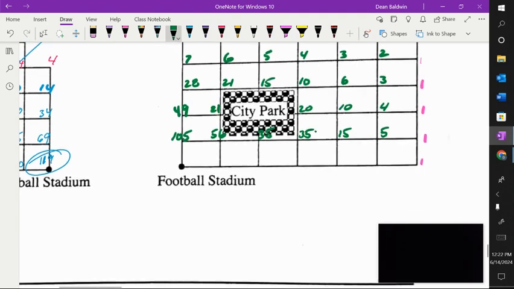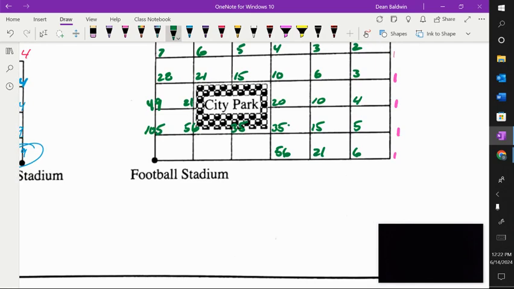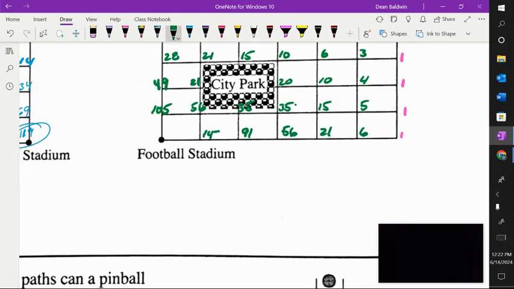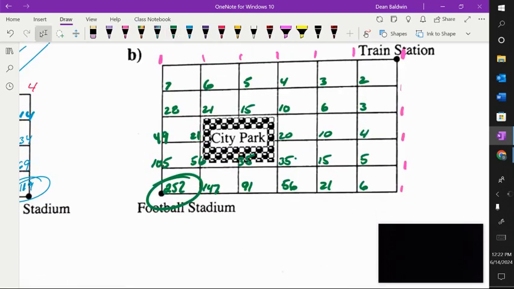And then the final row, 84, 119, 147, 252.